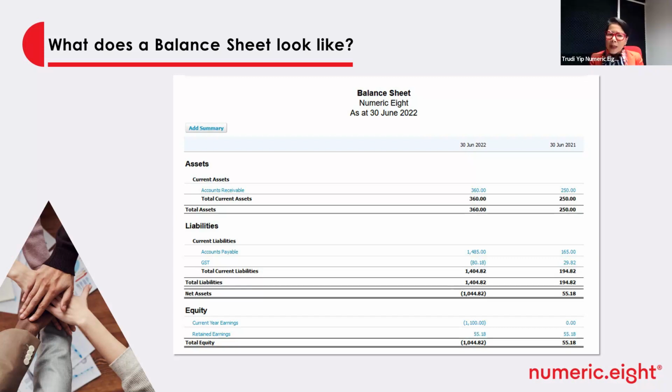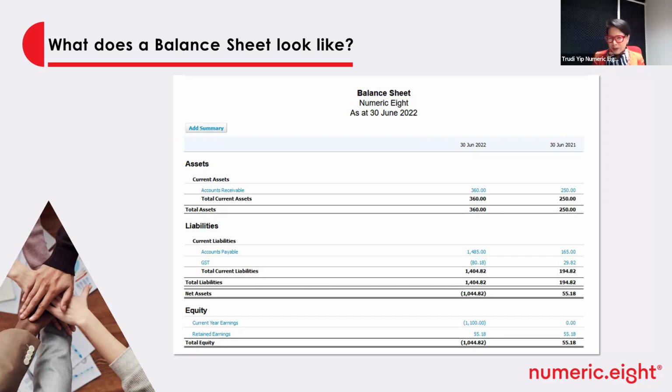The same with liabilities. If the company has credit cards, for instance, that should be reflected there. It also shows your accounts payable, which is what you owe your suppliers at that particular given time. Or your ATO liabilities like the GST and your employee taxes, that should be represented there as well.